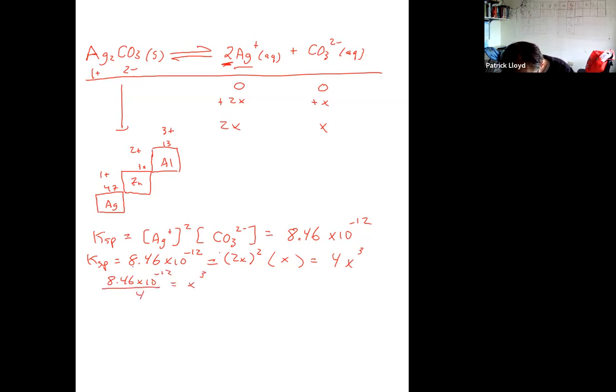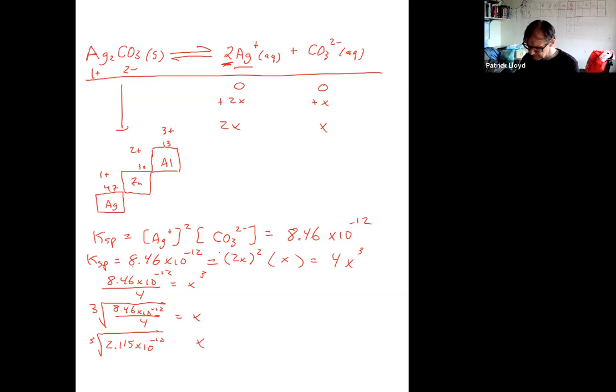And then if you take the cube root of that, that'll give you x. 8.46 divided by 4 is 2.115, so that's the cube root of 2.115 times 10 to the -12.